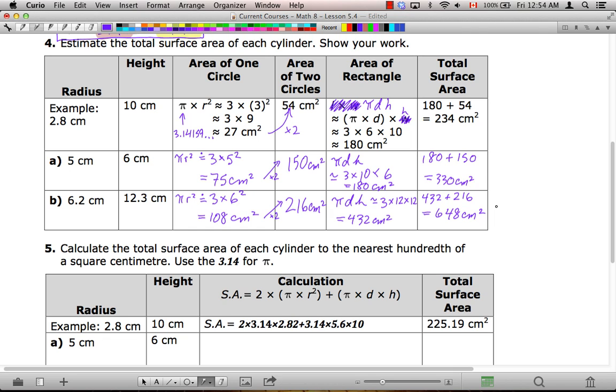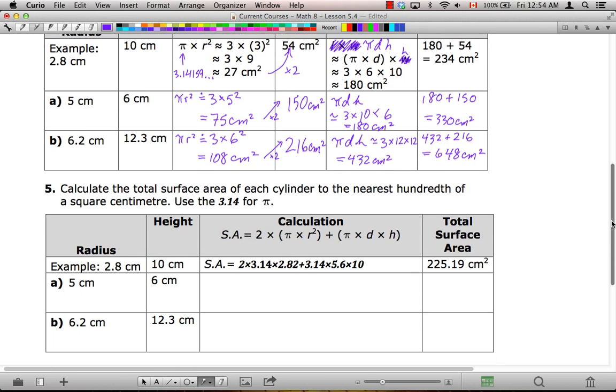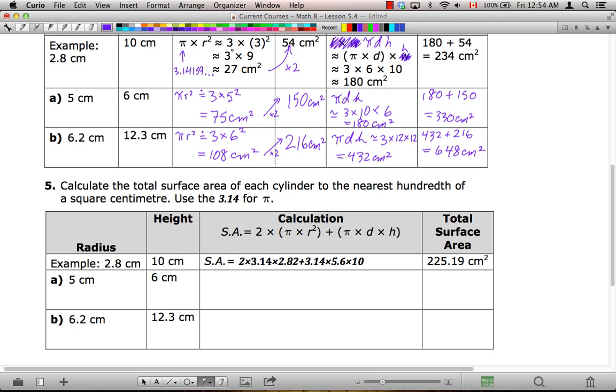To get the calculation exactly, or a little bit more exactly anyways, what you would do is, instead of using pi is approximately 3, you use pi equals 3.14. So we're going to go ahead with this 3.14, which the textbook tends to like to use.